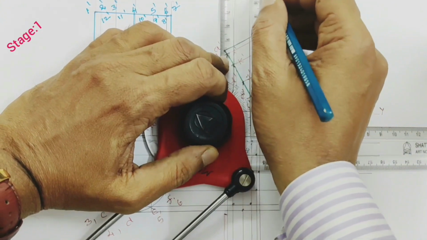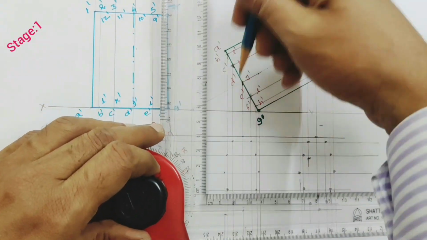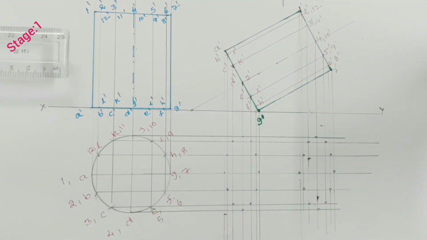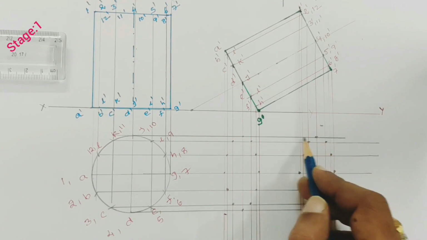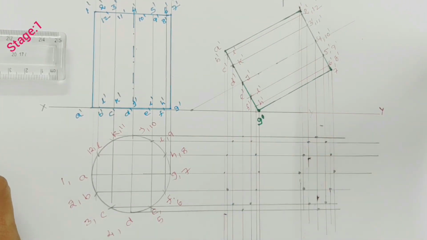So this is the direction of the observer. In this direction the observer is looking. Then as a first step, draw all outside points with continuous dark lines.